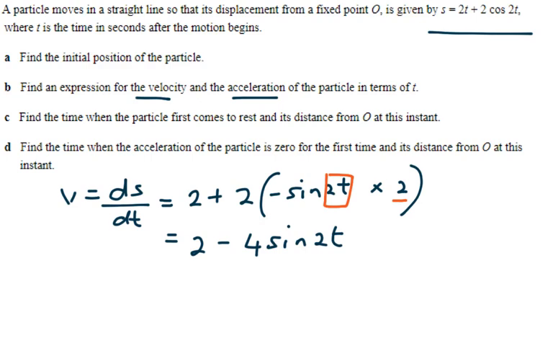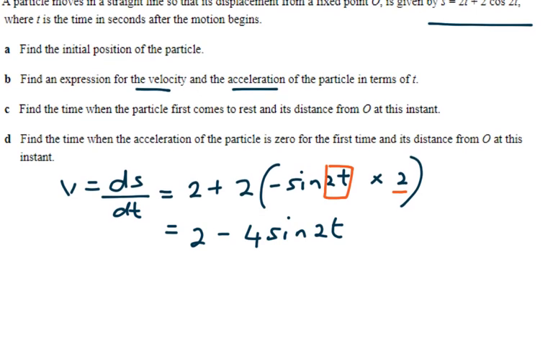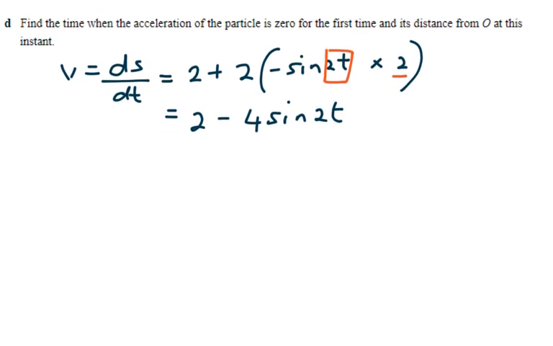Moving forward, you have to look for the acceleration expression. We know that acceleration is equivalent to the derivative of velocity. So differentiate the velocity equation. Differentiate 2, you will get 0.